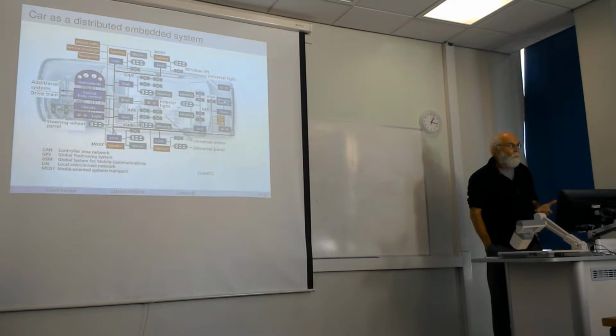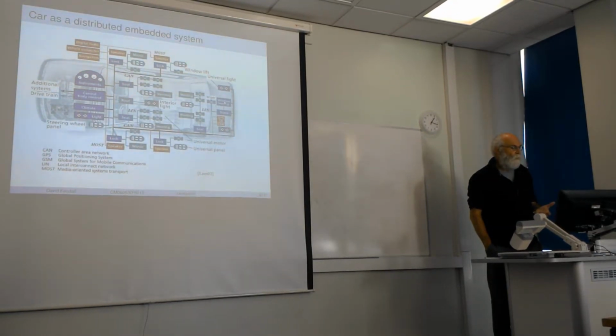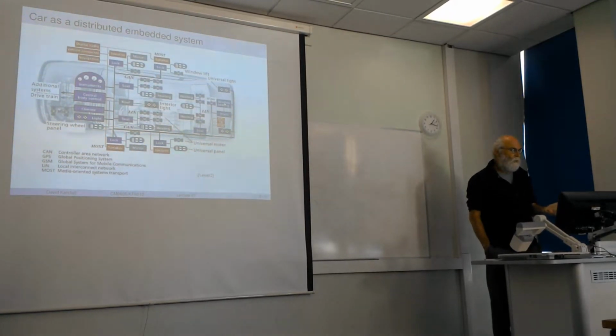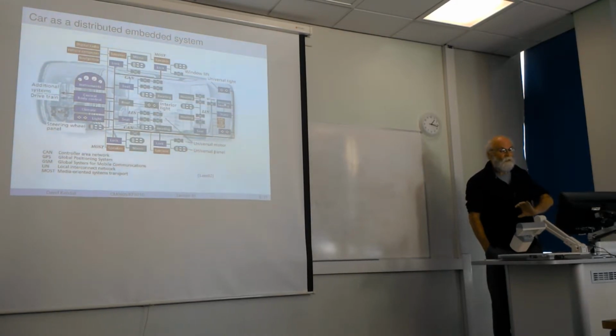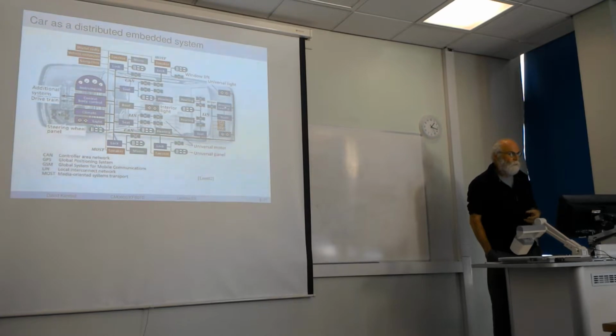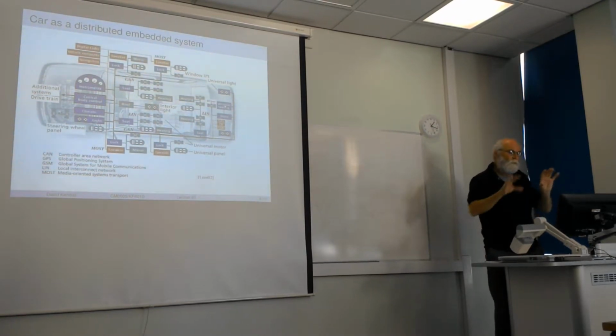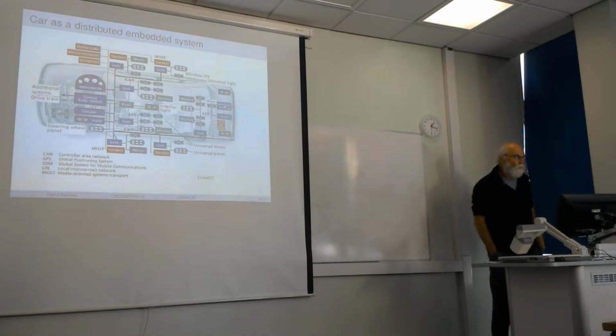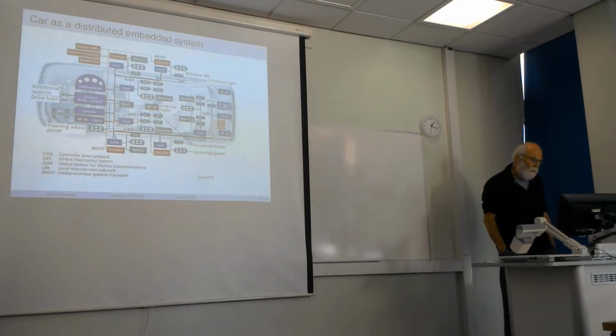So, for example, it might well be that some element of the drivetrain communicates with some element of your audio system, so that depending on your speed and the road surface noise, the volume of your audio system can be adjusted. So different components communicate with each other so that they can cooperate to provide a satisfactory function.